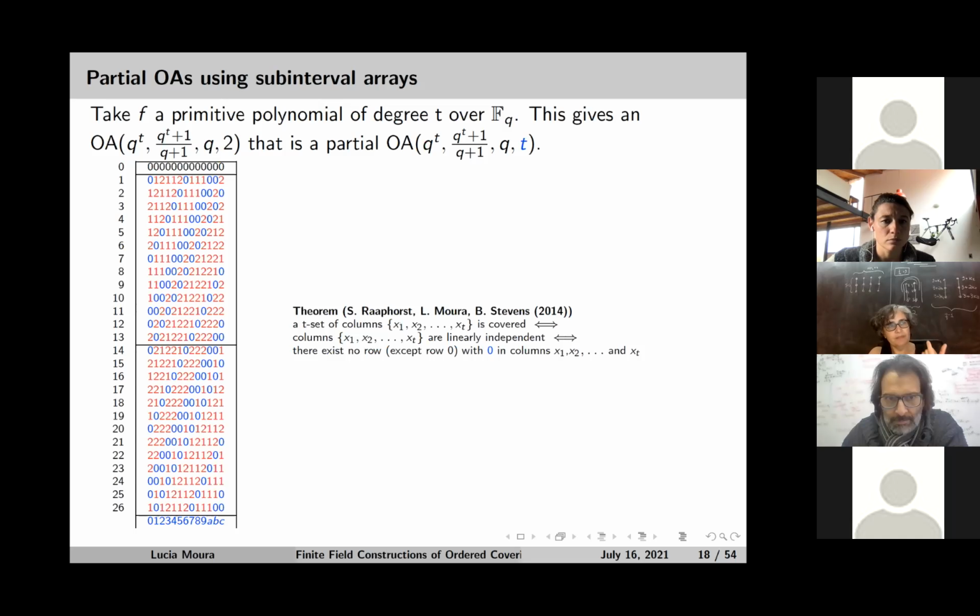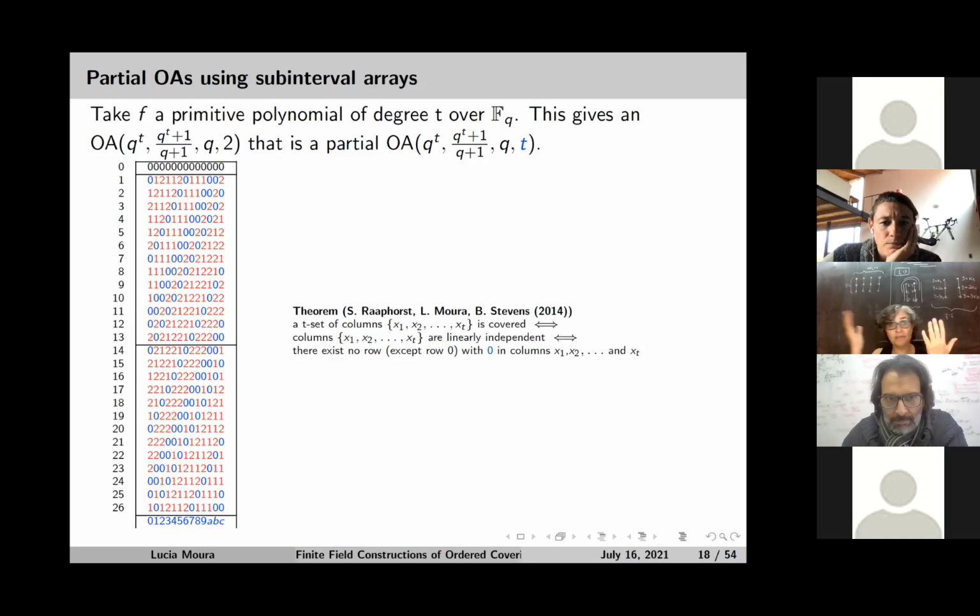It tells me if I'm looking at a t-set of columns, I want to determine whether I have full coverage of that. Every window of t elements in the sequence gives every possible tuple. Well, this tells me that consecutive rows here will visit every tuple exactly once, and then I'll have full coverage.